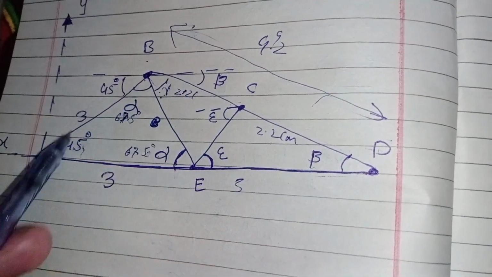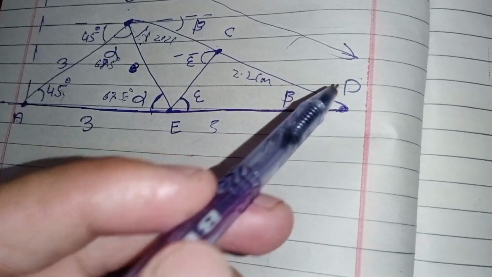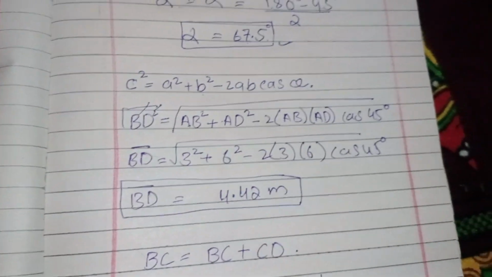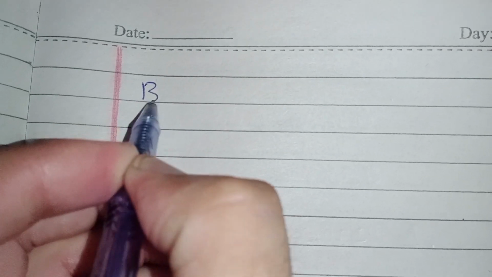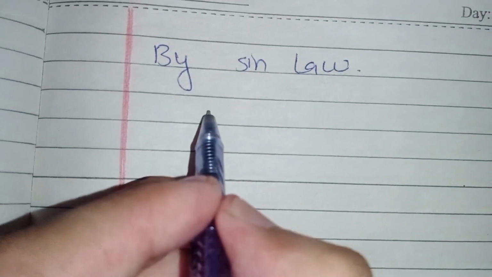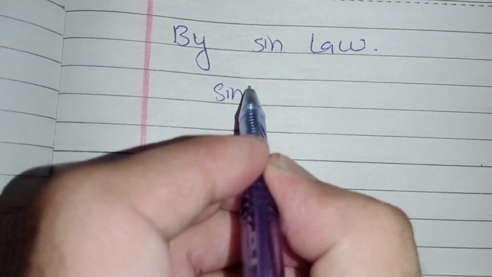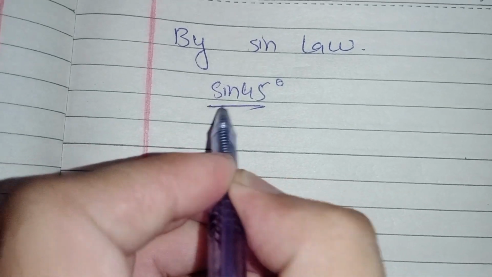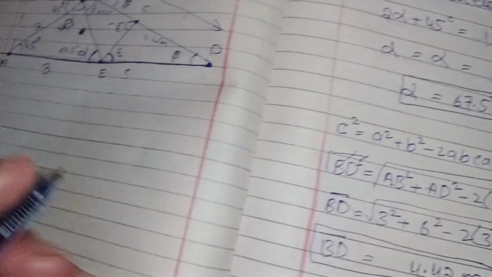Okay, in this whole triangle ABD, by sine law, sine 45, the adjacent side is what?